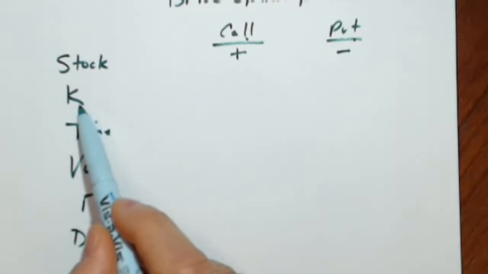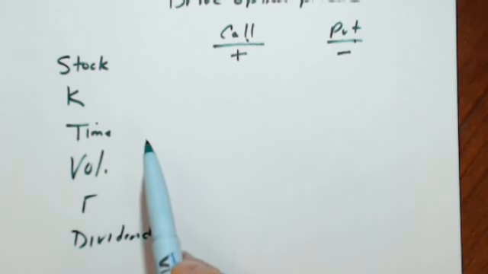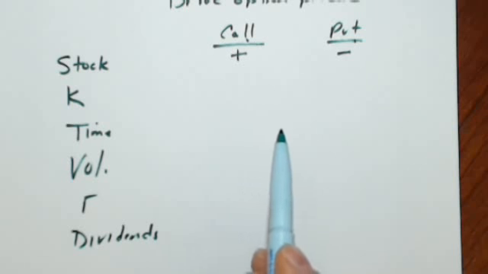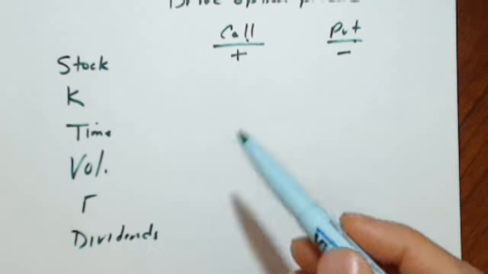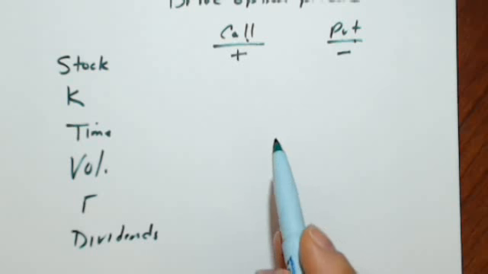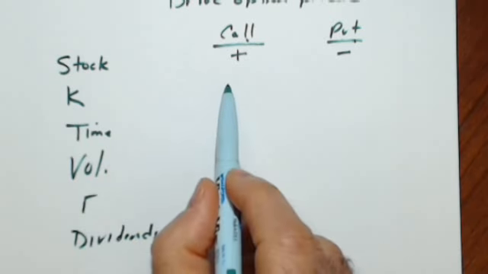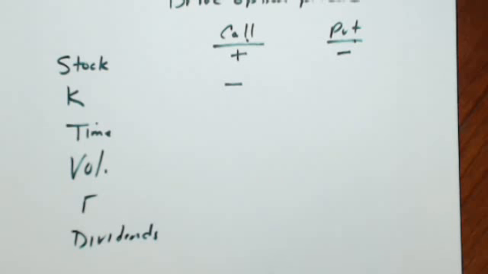Now, if you could change the strike, and remember, once you get into an option, the strike is fixed. But if you could change the strike, or you could go down to the CBOE website and look at the postings at different strikes, you'll see that when you go to higher and higher strikes, the value of the calls drops.